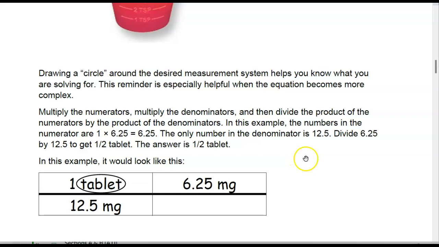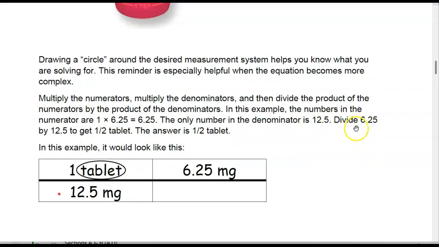In this example, the numerators are 1 times 6.25, which equals 6.25. The only number in the denominator is 12.5. Then you divide 6.25 by 12.5 to get 1/2 tablet. So the answer is 1/2 tablet.